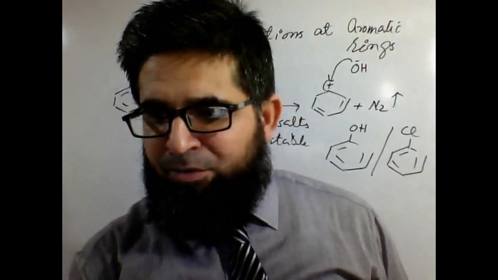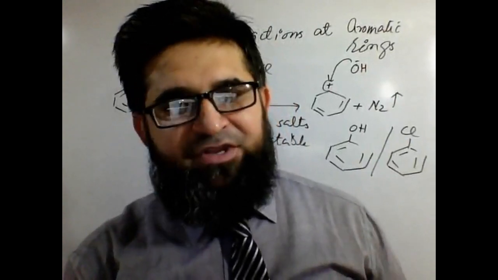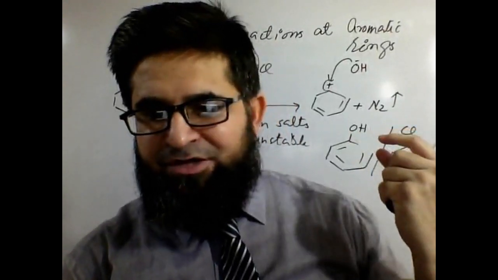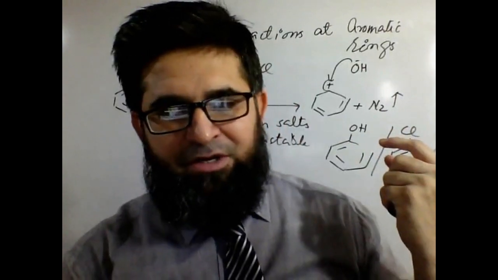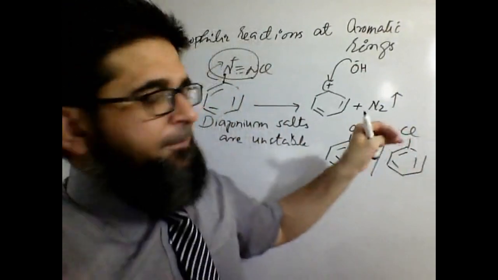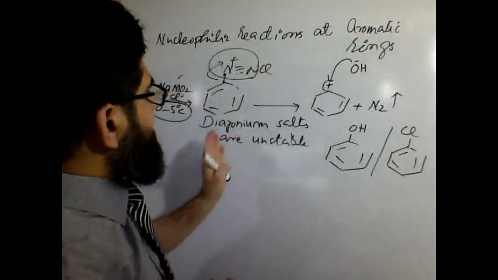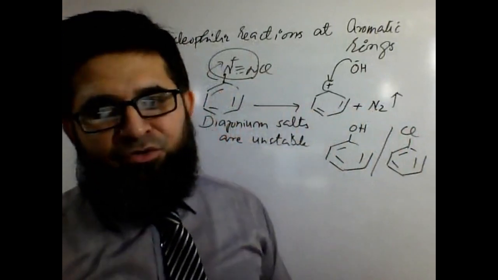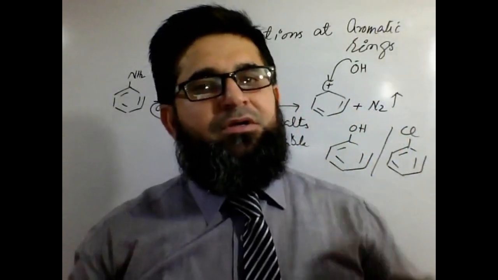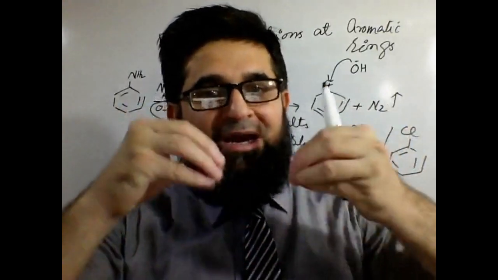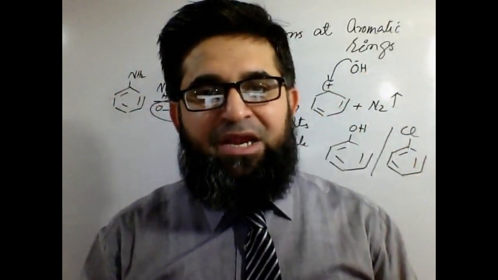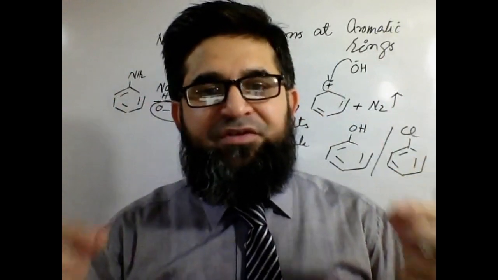These are only possible under very special conditions. Diazotization creates diazonium salts, and those diazonium salts are supposed to act as electrophiles once the temperature is maintained around 5 degrees.